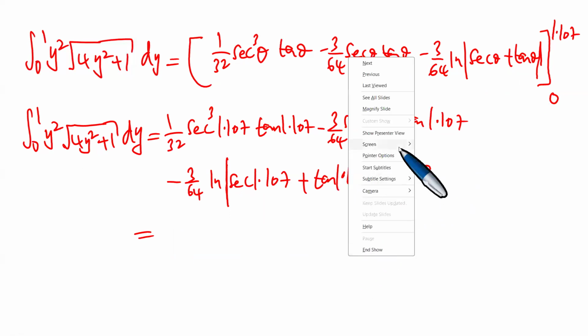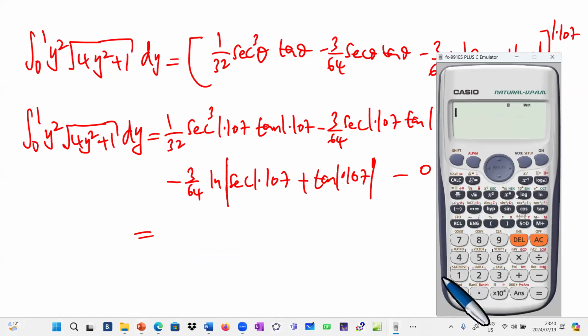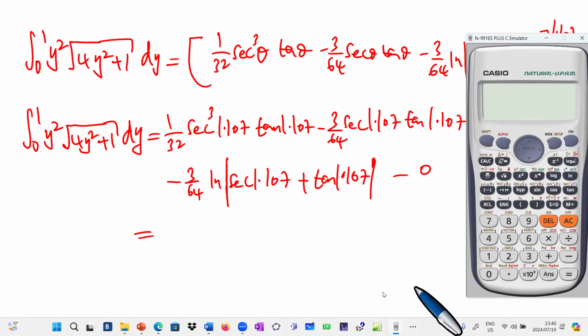Let's use our calculator and bring it aboard. So we can say it is 1 out of 32, and then the secant cubed, which is 1 over the cosine cubed.